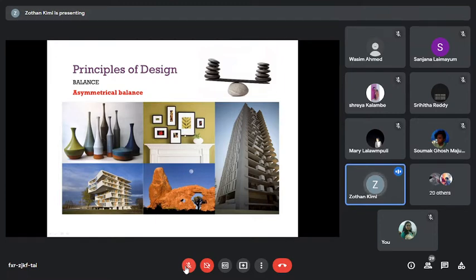Even when we look at the placement of art, for example this one above the fireplace, if we draw an imaginary line across the vertical central axis, we see that even though there are 4 paintings on the left side and 2 paintings on the right side, the one on the right side has a larger frame, and it is also accessorized with a flower pot, a plant pot, whatever it is over here.